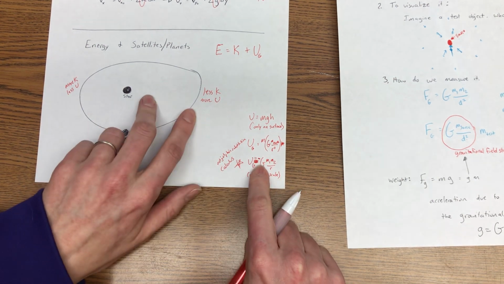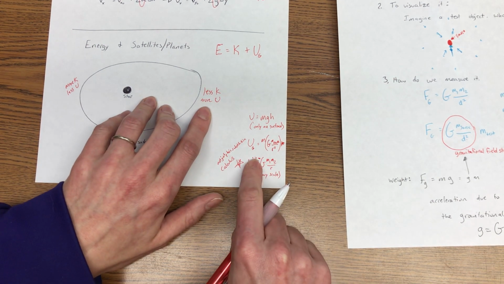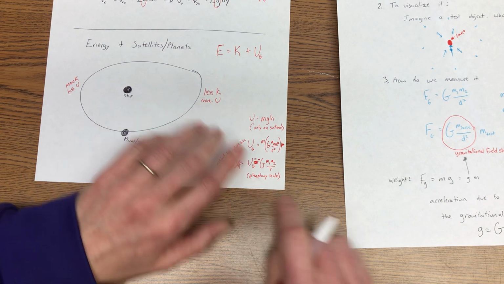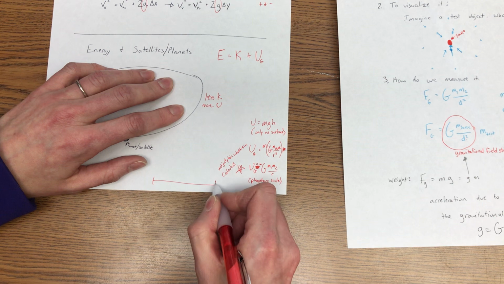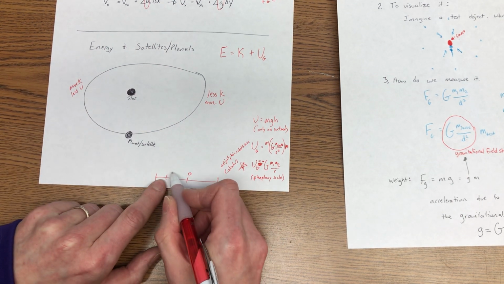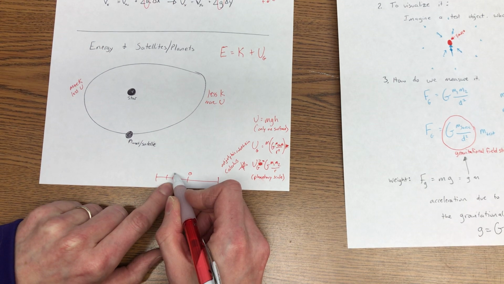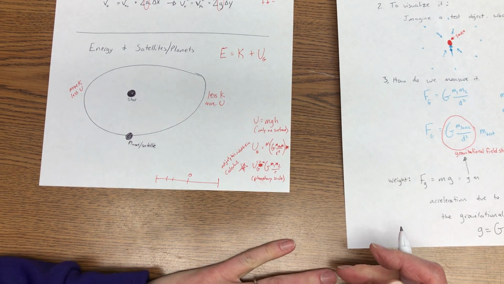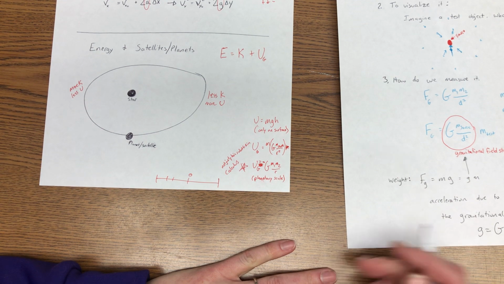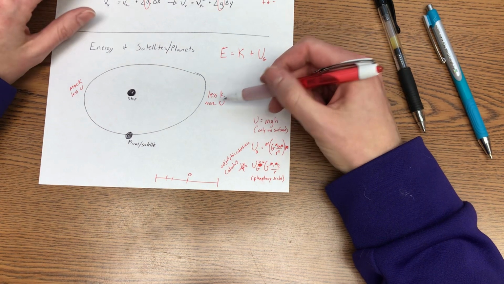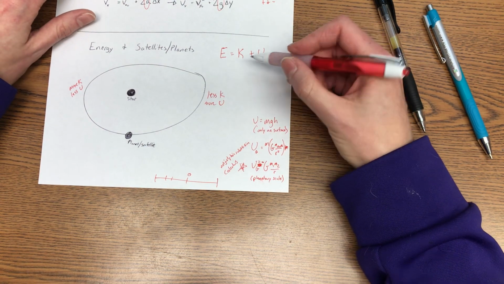So when we do move out, because the R is changing, we get less negative, okay? So on a number line, here's 0, and we end up with actually more because it's less negative. Does that make sense? And that's why we have more potential energy and less kinetic energy as we move.